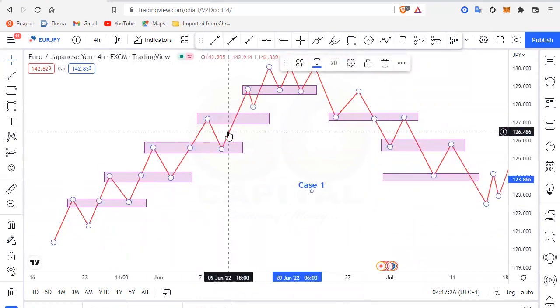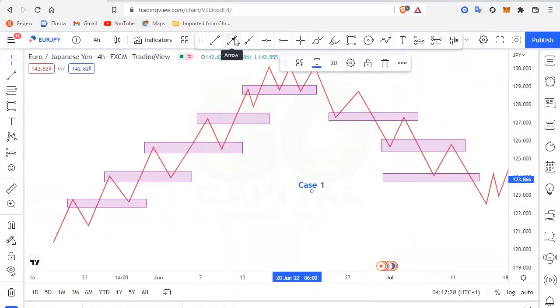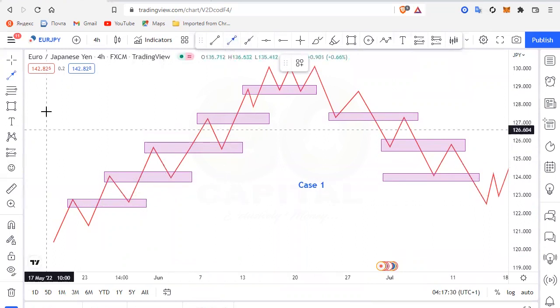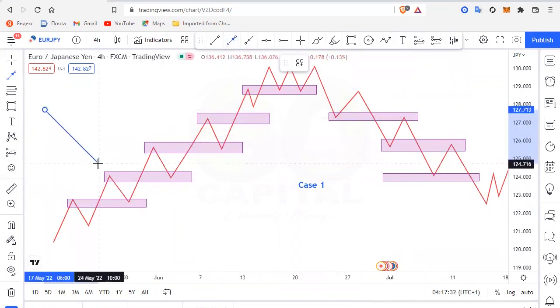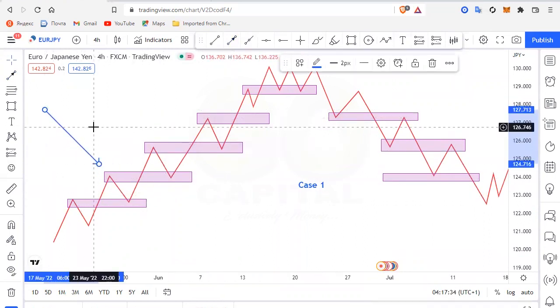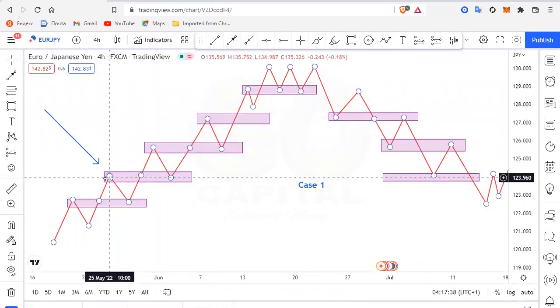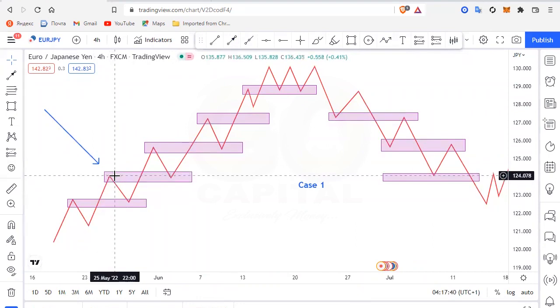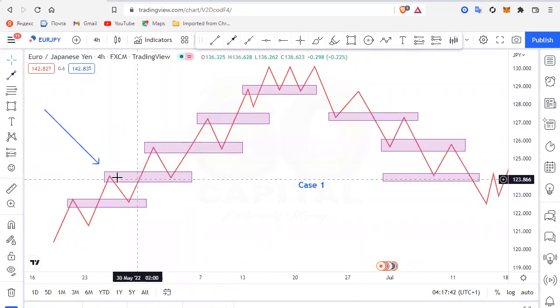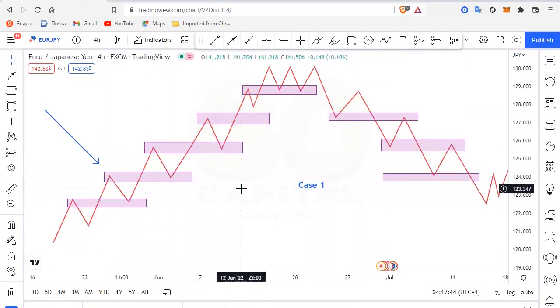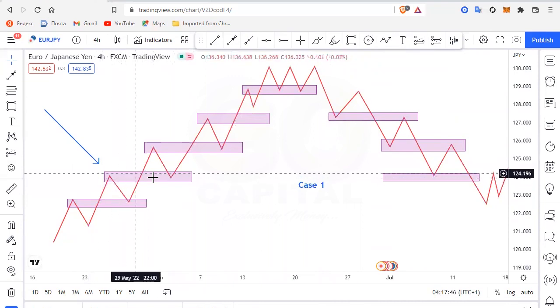Are you with me now? So these are the blocks that are very, very important for an uptrend. All these blocks, very, very important. So these are the blocks you look at. You look at the highs, the high for an uptrend. Okay, so for case 1, you look at the previous high for an uptrend.